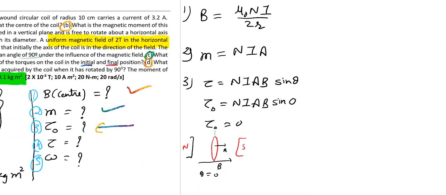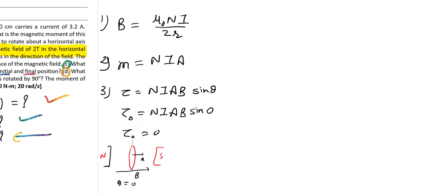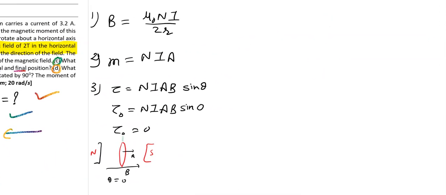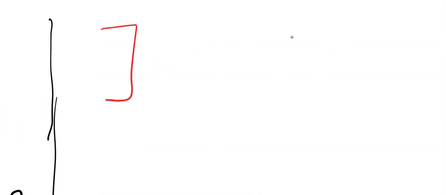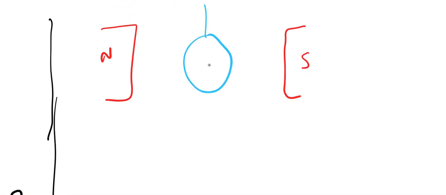And what if the coil is rotated by 90 degree? Let us check that also. So this is the external magnetic field, and now if I place the coil in this manner, the area vector is coming out. This is the area vector, and the magnetic field is going like this, so the angle will be 90 degree.